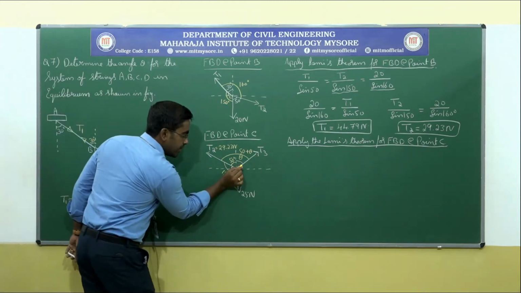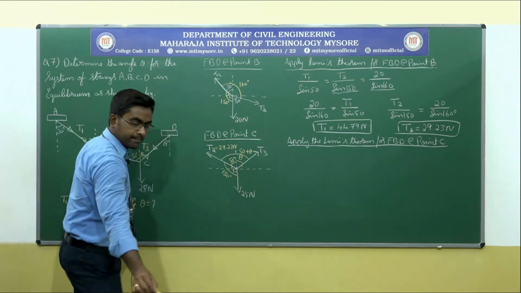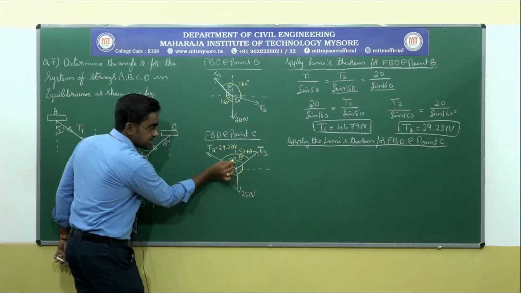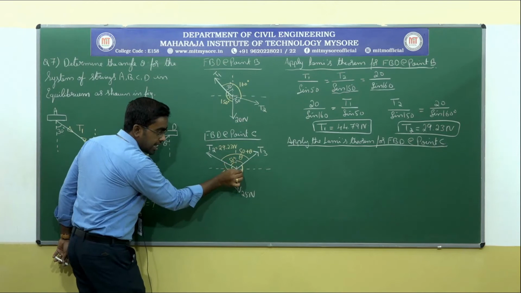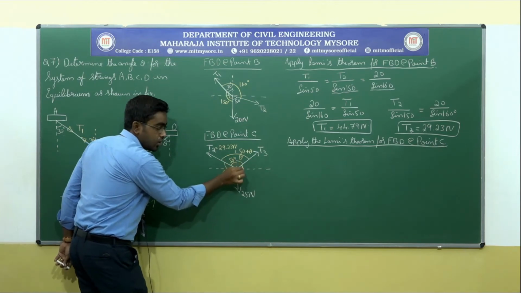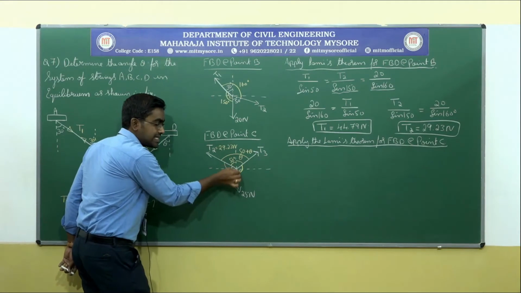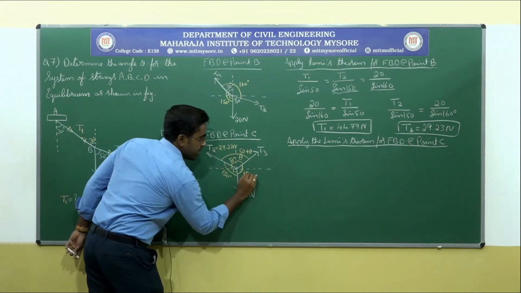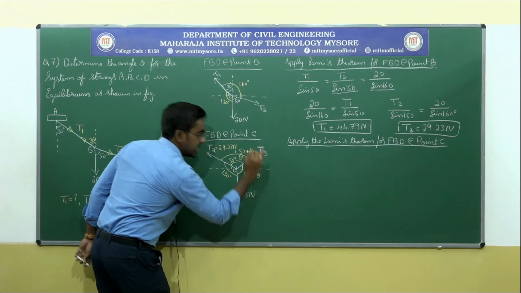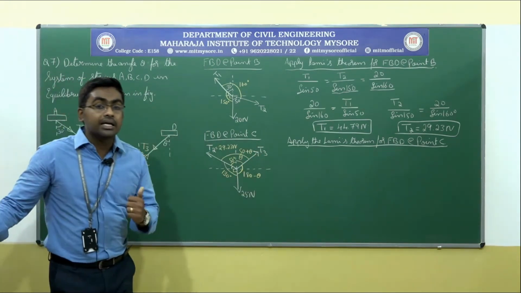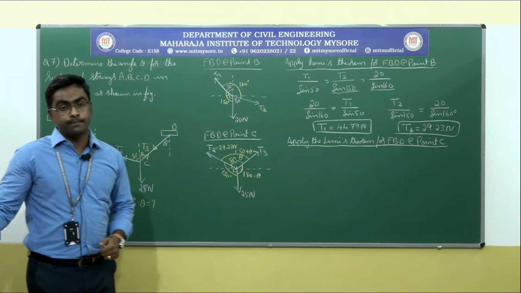So now the angle between these two forces will be, see, this is the overall angle, that is 180. So in 180 I have to subtract theta to get this angle, so that will be 180 minus theta. This is how you need to calculate the angle between the forces.